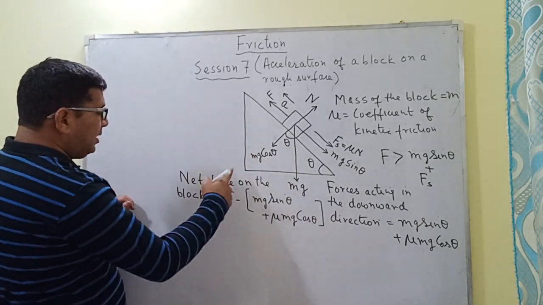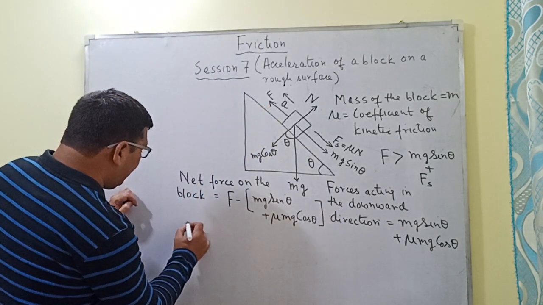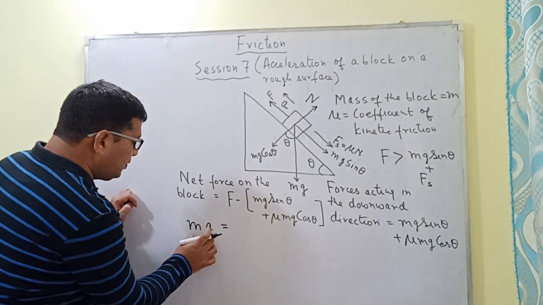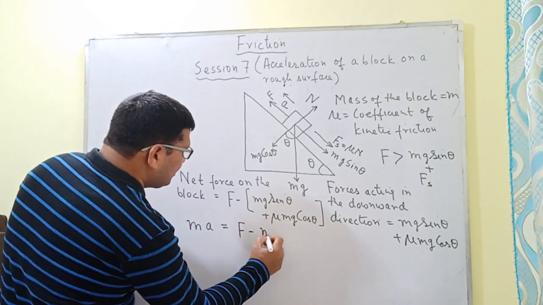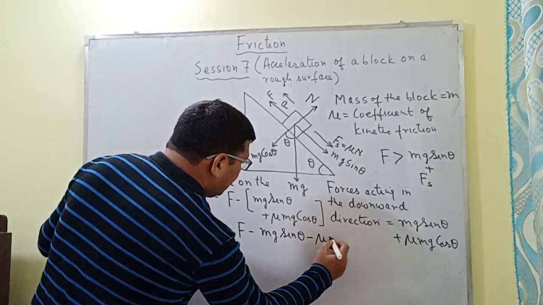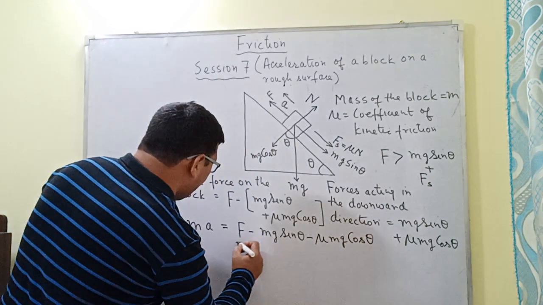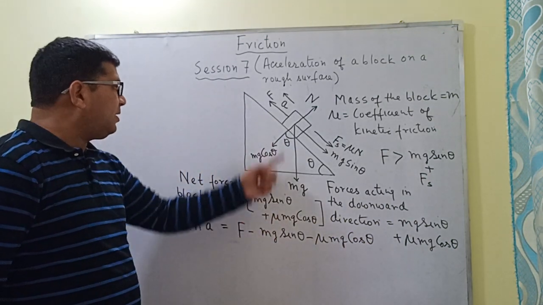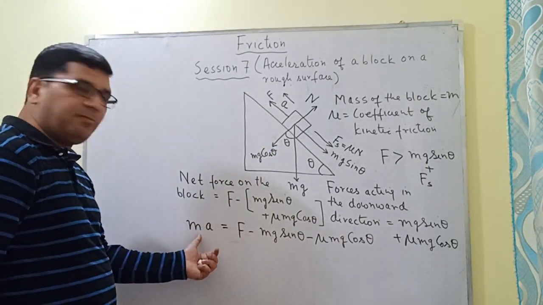So now if the acceleration of this block is a, then we can say that m into a is the force, and this will be equal to F minus mg sin theta minus mu mg cos theta. This is the net force which is acting on this block when it is moving in the upward direction, and this will be equal to m into a.